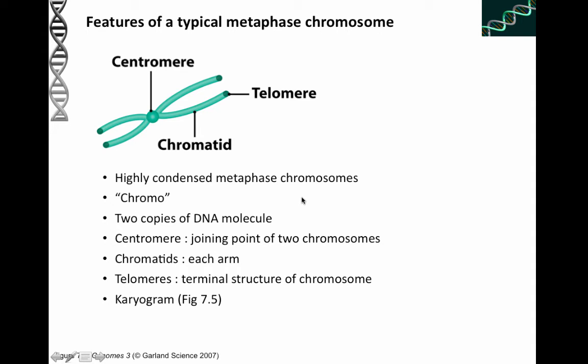In somatic cells, there are two copies of each chromosome, and centromere, chromatid, and telomere are the key terms for indicating each part of the structure of the chromosome, as you already know.